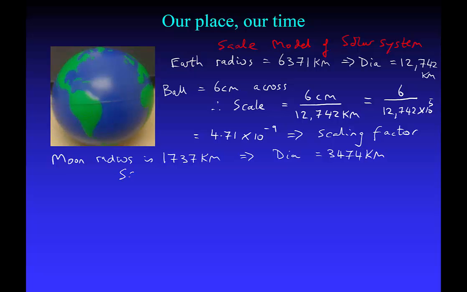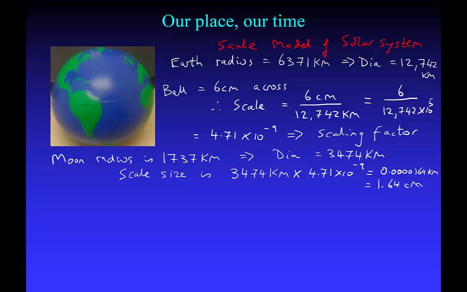Okay, so my scale size for the moon is that actual value, 3,474 kilometers, multiplied by my scaling factor, 4.71 times 10 to the minus 9, and that will give me a size of 0.0000164 kilometers, which works out to be 1.64 centimeters.